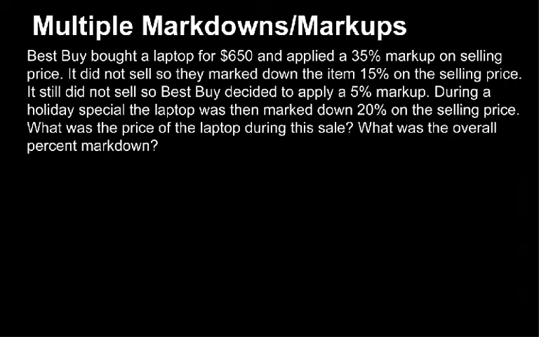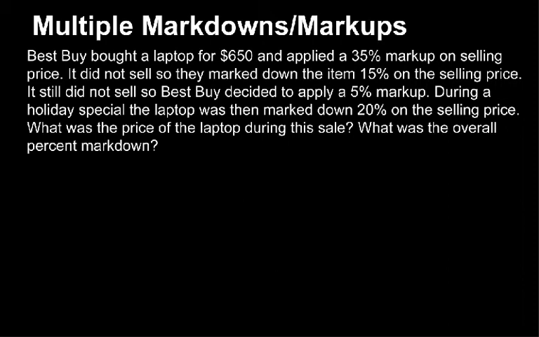It still did not sell, so Best Buy decided to apply a 5% markup. So it's gone up first, then down, now up again, and then finally, during a holiday special, the laptop was then marked down 20%. So it's gone up, down, and we're going to figure out all of these changes with several PBR circles.